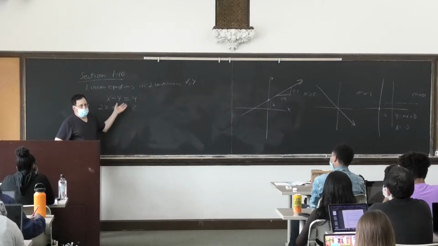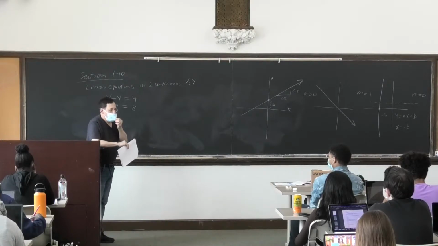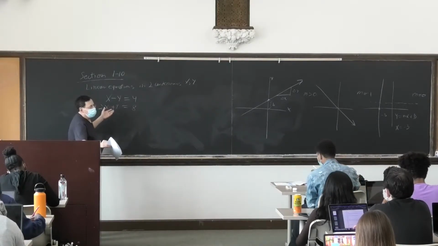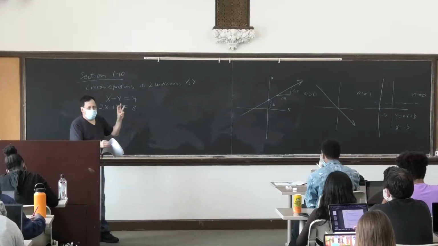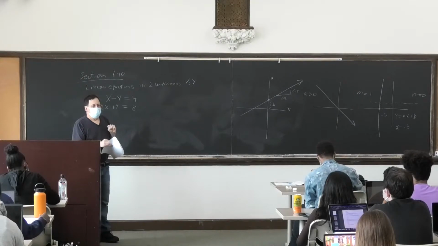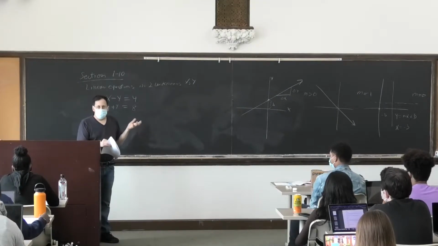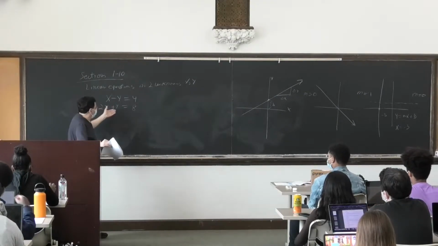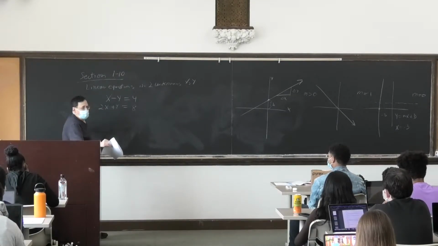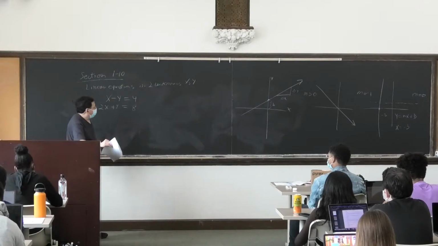Well, we know these are 2 lines. If I ask, how do they intersect? There are 3 possibilities. The most likely possibility is they're going to intersect at a point. And we'll talk about how to find that point in a second.